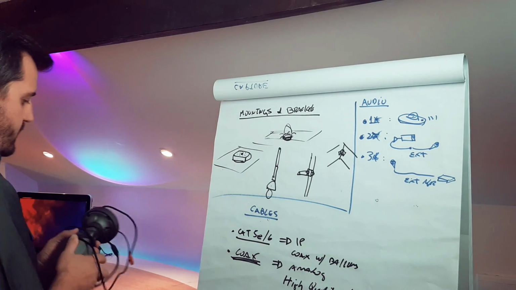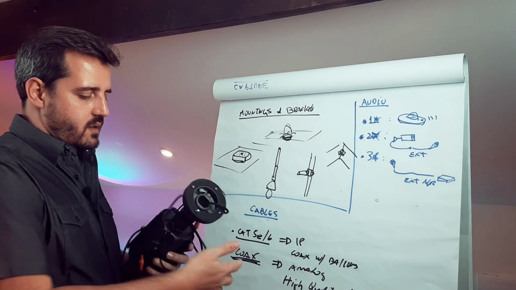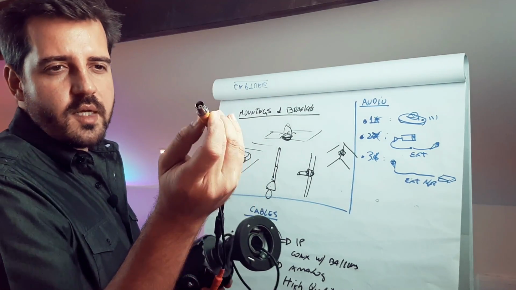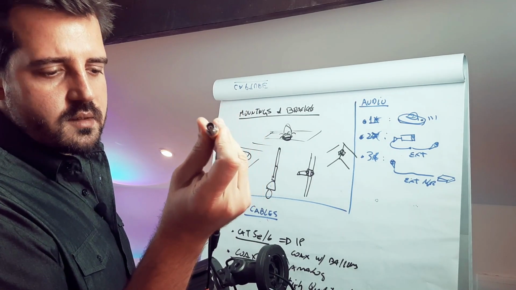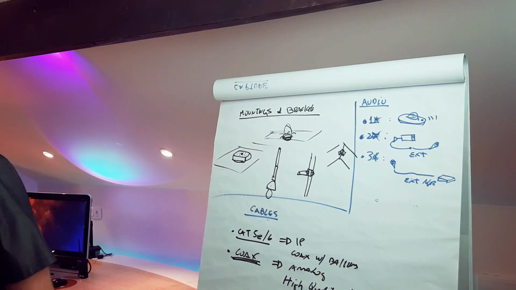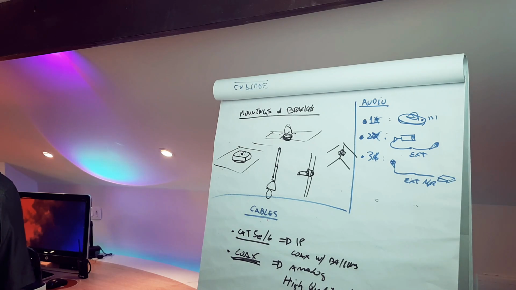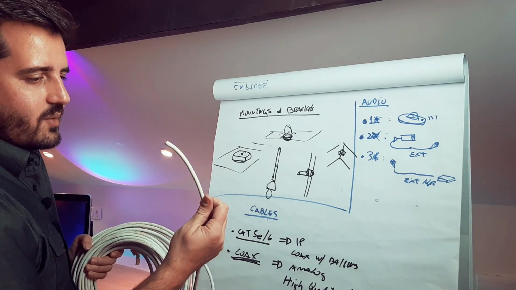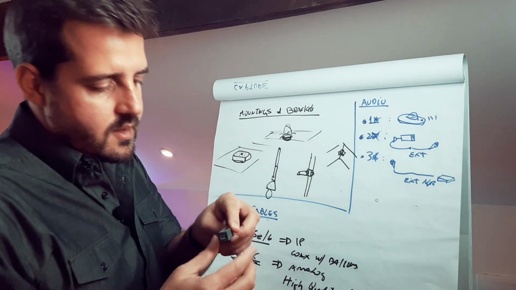So this is a very old analog camera, and then you see here the connection type. So this is the coax connection, and this will be the very old coax cable as well. This is the balun.